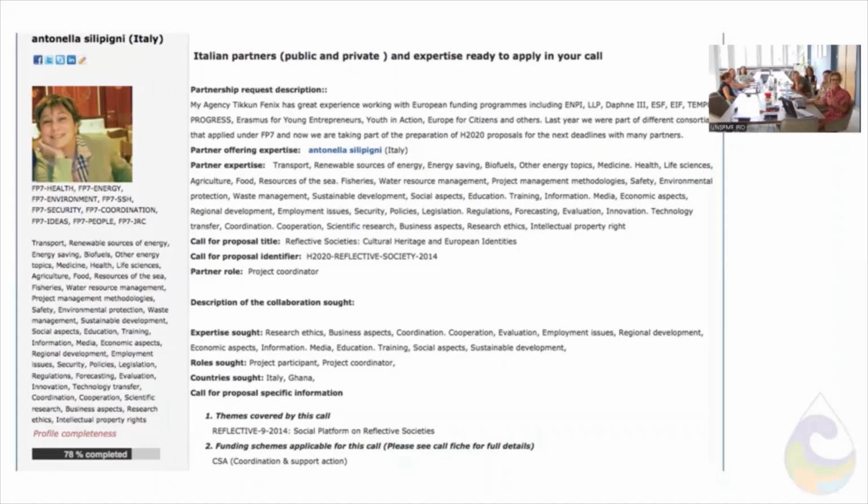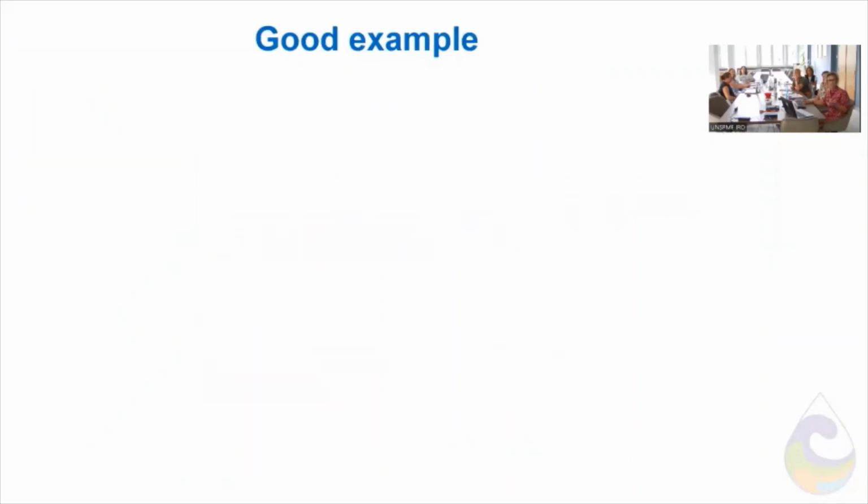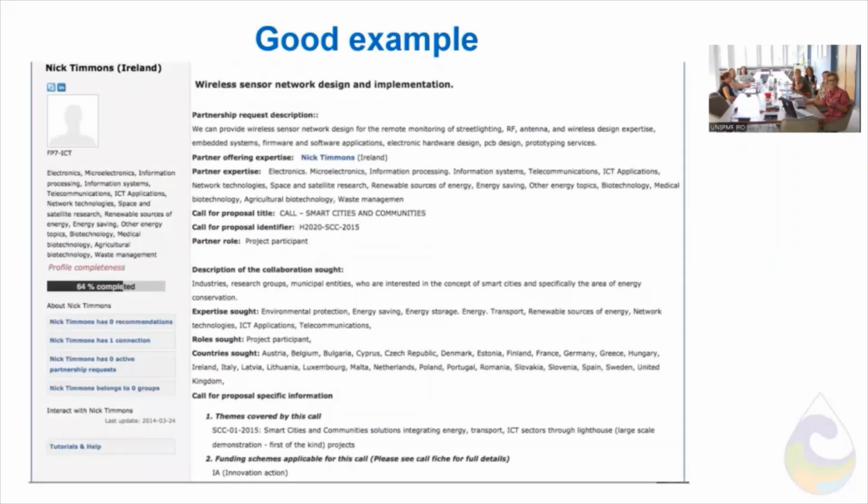But an example to stick with is this one by Nick Timmons, where he scrutinized his partner search and he said, I can do this, and this, and I'm interested in this call, this topic, and this is where I am. So reach out if I'm the right person for you, if we make a good match.